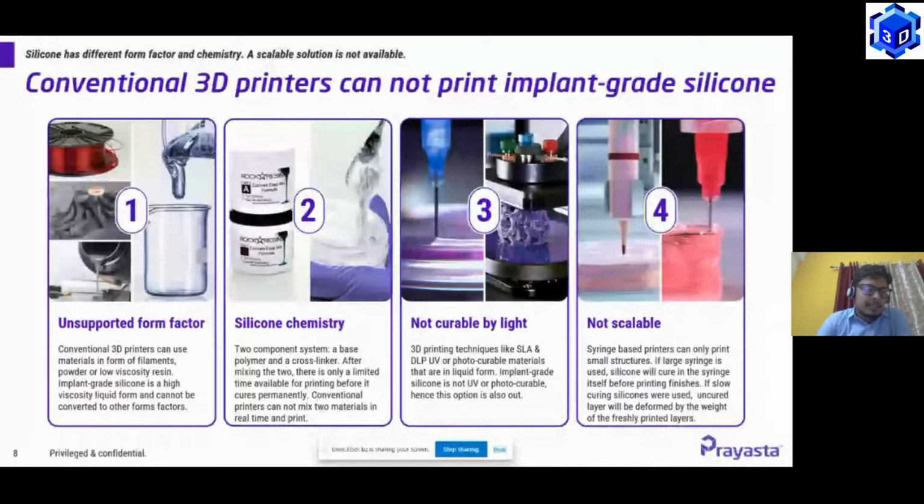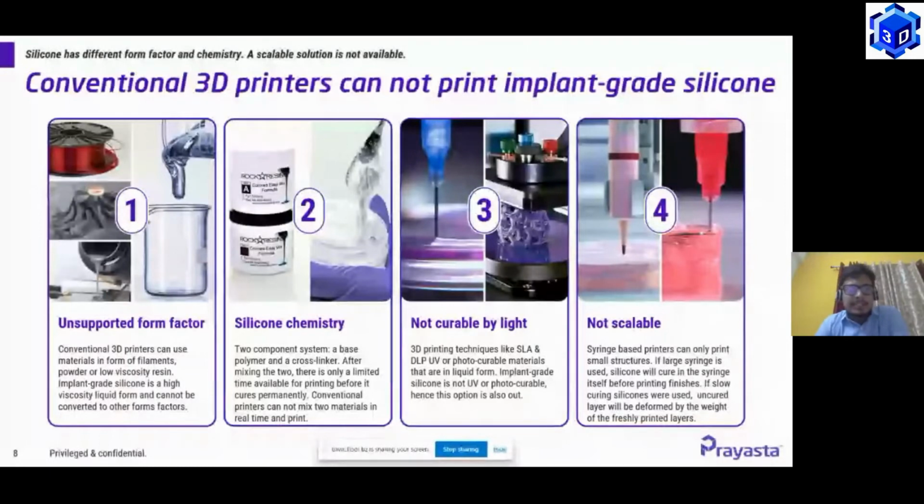Then the third thing is resins or liquids, where they have a photoactive component which cures them from liquid to solid as soon as that material is shined with the right wavelength and intensity. However, silicon is none of them. Silicon is an elastomer, basically a very viscous liquid. Viscosity may change depending upon the grade of the silicon or various other parameters, but it is still a liquid. So the conventional printers cannot actually use these form factors. And that is the first reason why conventional printers cannot do silicon.